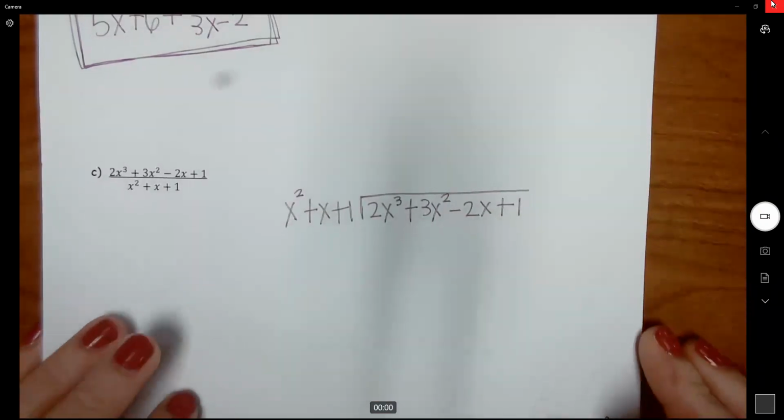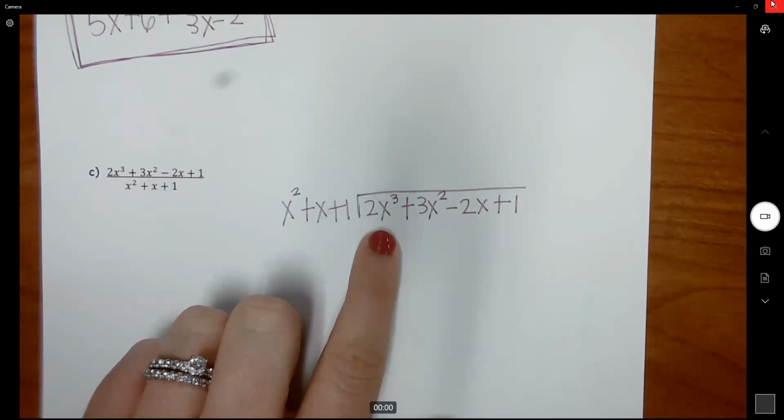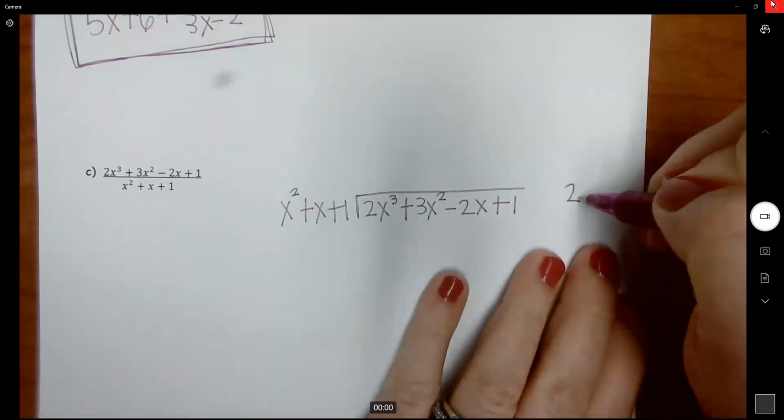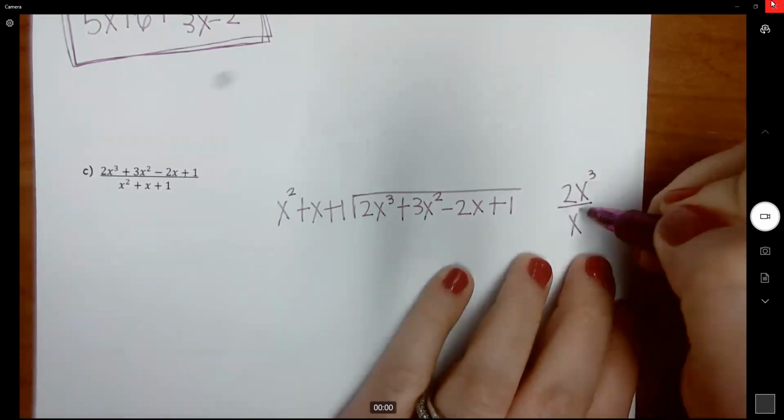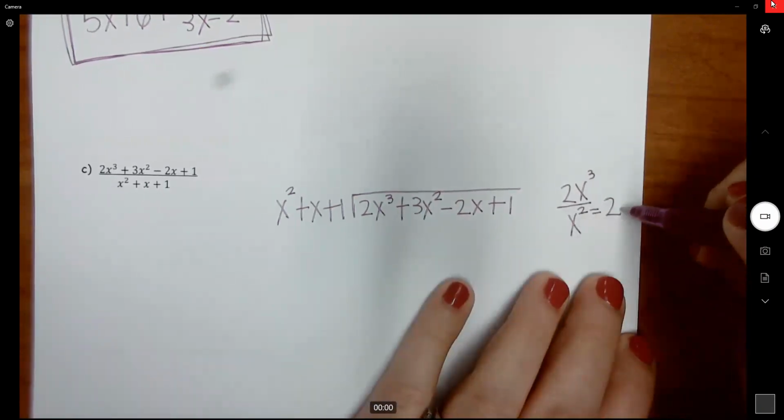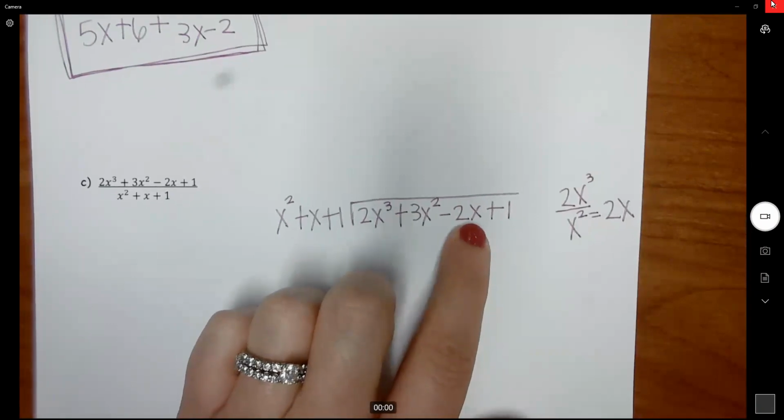Okay. I'm taking the first term here and dividing it by the first term here. It's going to leave me with 2x, and I'm going to put that above my x's here.